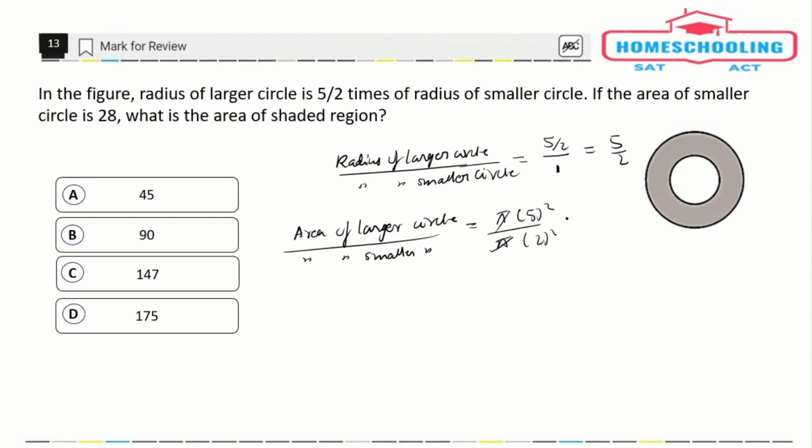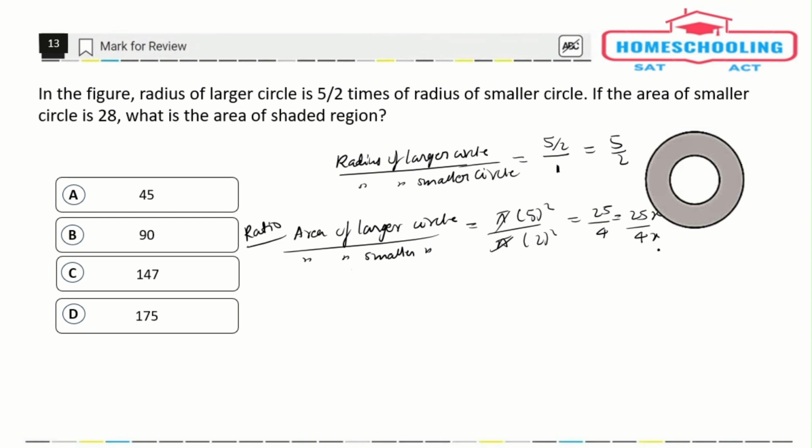So this one would be 25 by 4, and they are in ratio, so it would be 25x by 4x. The question says that the area of the smaller circle is 28.